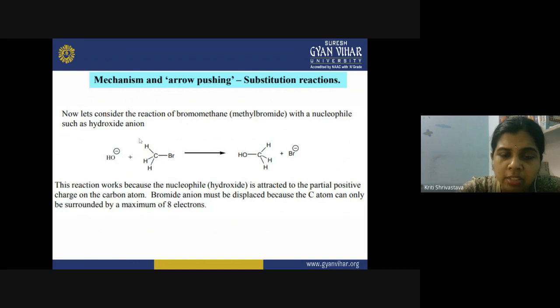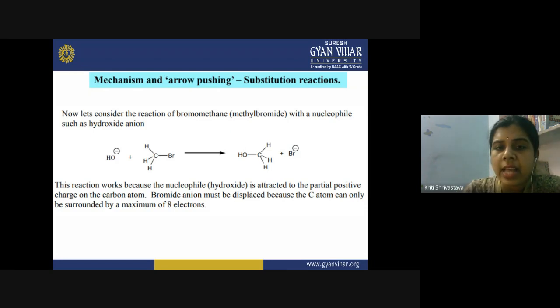Once the hydroxide reaches the carbon, because it is the stronger nucleophile, it will repel the electron pair of the bromine, and these electrons will be permanently shifted to the bromine, and the bromide ion is removed here. In this manner, the nucleophilic substitution reaction is complete.